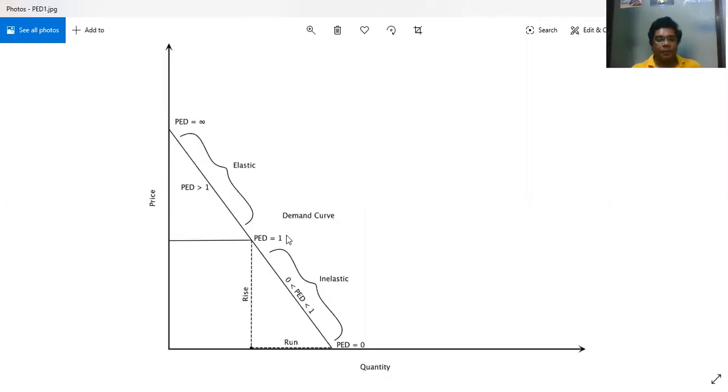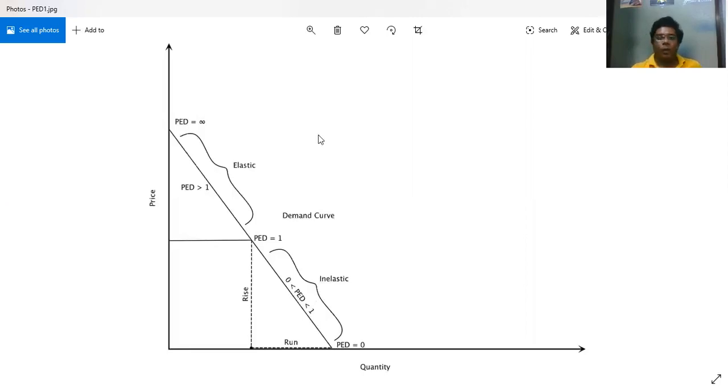The gap between perfectly elastic and unitary elastic is the range of relatively elastic demand and the value is greater than 1. Then where the demand curve connects to the x-axis, that point is perfectly inelastic and the value is 0. The gap between unitary and perfectly inelastic shows relatively inelastic demand and the value is less than 1.